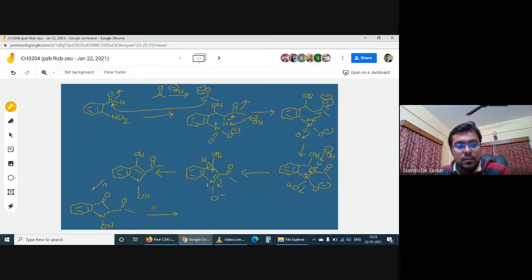Now, something interesting will happen. This here, O minus. I'm skipping one step actually. This O minus ideally will go up there, and then come back. I'm skipping one step. And this guy will keep this carbon-carbon bond and release one water.